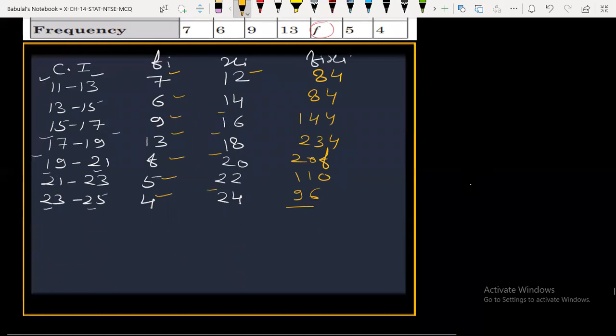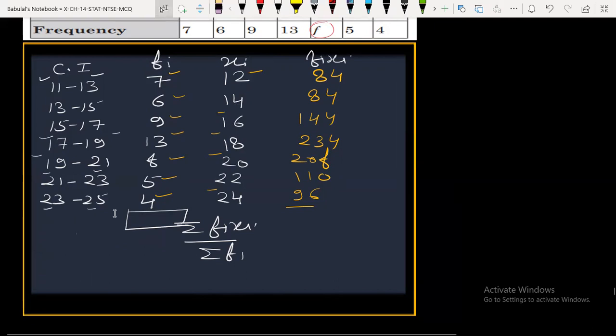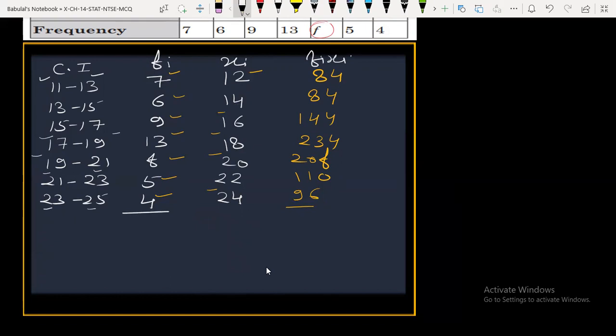We know the formula for the mean is that mean is equal to total of fi xi divided by total of fi. So here, students, what is the sum of all the frequencies? Please find out the sum of the frequencies, and here the sum of fi xi also.